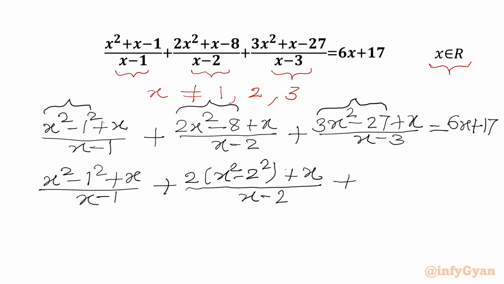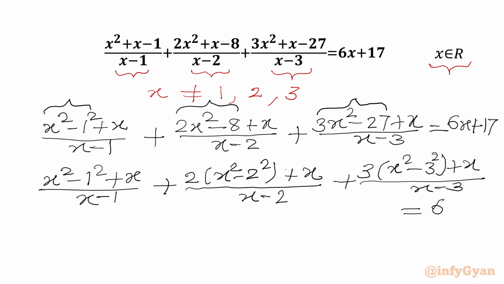Plus 3 is common. In the bracket we can write x square minus 9, which we will write as x square minus 3 square, plus x over x minus 3. This must be equal to our RHS 6x plus 17.